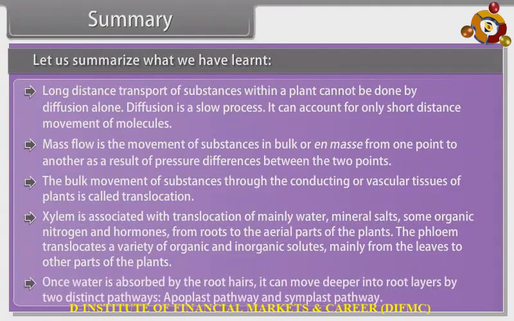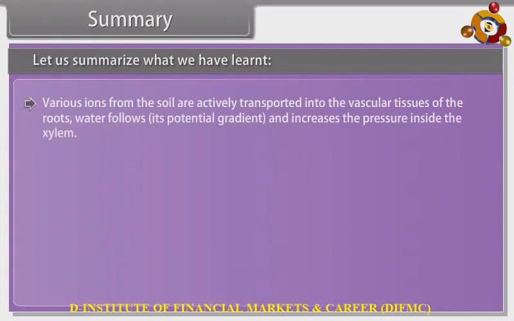Once water is absorbed by the root hairs, it can move deeper into root layers by 2 distinct pathways, apoplast pathway and symplast pathway. Various ions from the soil are actively transported into the vascular tissues of the roots. Water follows its potential gradient and increases the pressure inside the xylem.